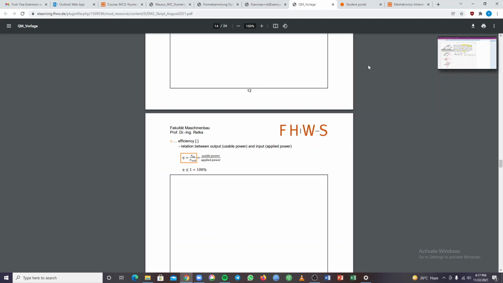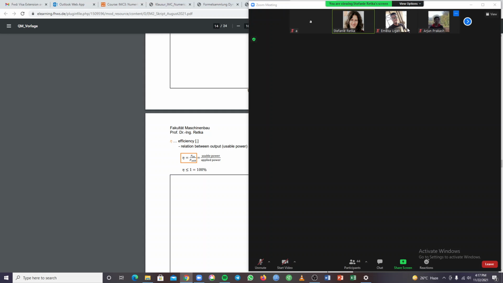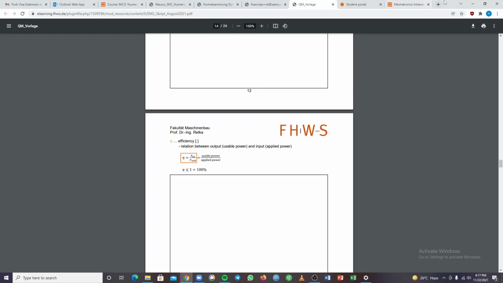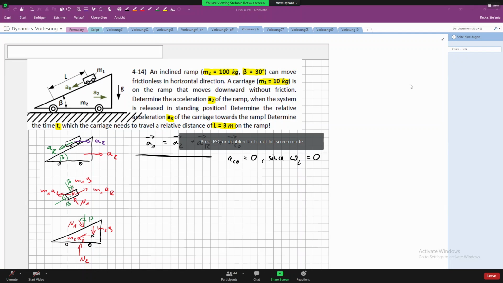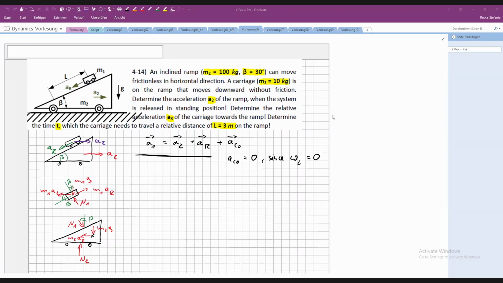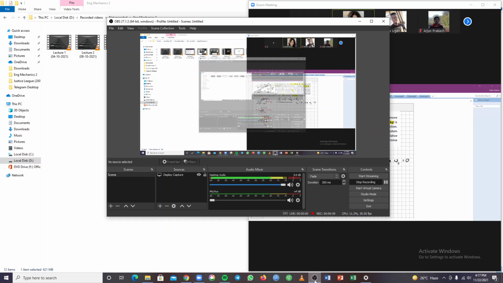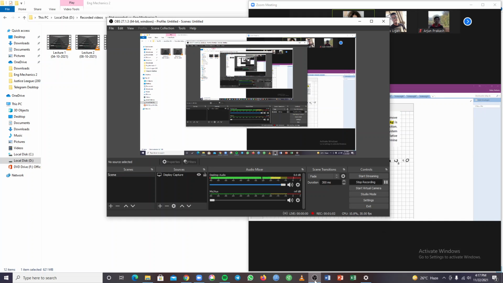Okay, so we started solving problem 414, this car carriage on a ramp, and we already drew the free body diagrams for both subsystems, for the carriage of mass m1 and the ramp of mass m2. And now the next step is solving the systems. That means we need to build the equilibrium conditions.